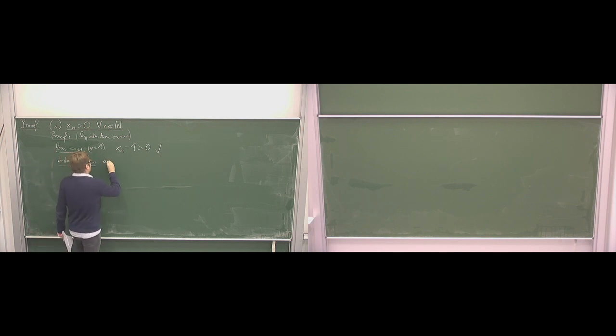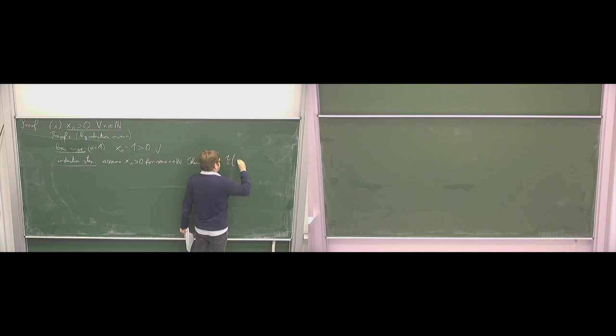Induction step. We assume that xn is positive for some n in N that we have given. Then let's take a look at xn plus 1, and we just have to take a look at how it's defined. This is 1/2 times xn plus a over xn. What's happening here? xn is bigger than 0 by the induction hypothesis.